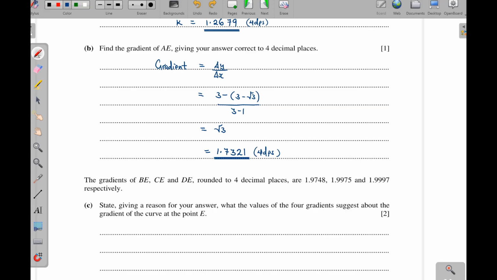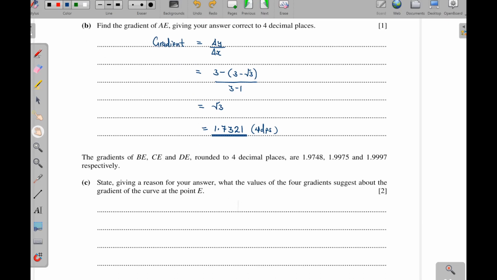At point E, the gradient of the curve tends to 2, not so? Because you can see it is moving 1.97, 1.99, 1.997, not so? You are moving from A then to E. So the gradient tends to 2.